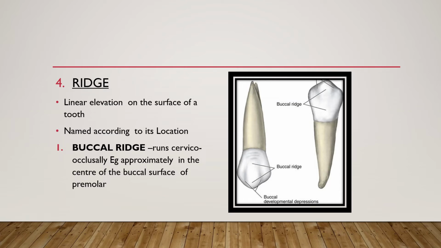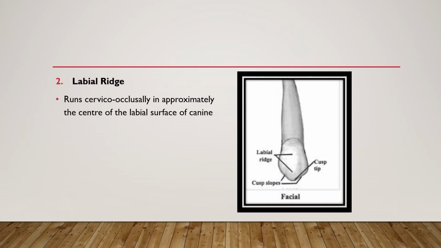So buccal ridge runs cervico-occlusally approximately in the center of the buccal surface of the premolar. Labial ridge is seen in the canine on the labial surface of the canine. It also runs cervico-occlusally in the center of the labial surface of the canine as you can see in the picture.